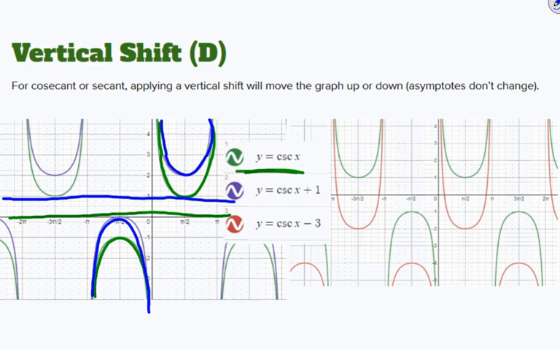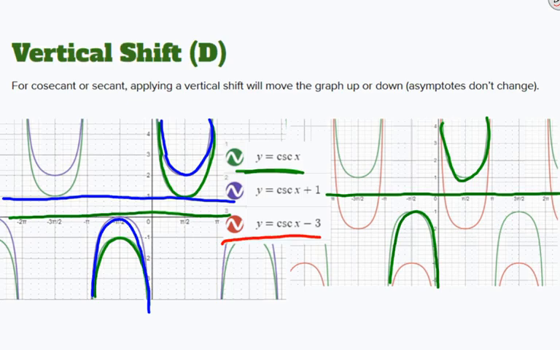The other one we moved down 3. So again, I look at 2 examples. Midline is right down the middle. Now if I move that down 3, my midline is going to be here. And I have the same cosecant function, but it's off that other midline.